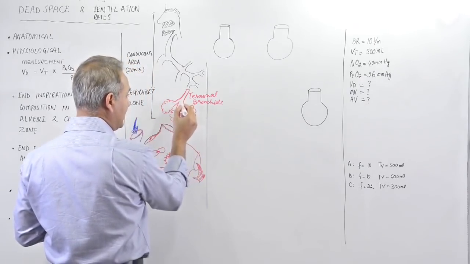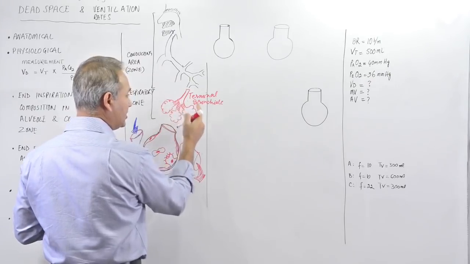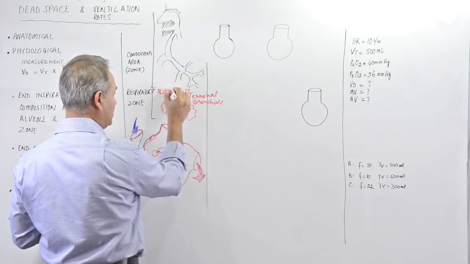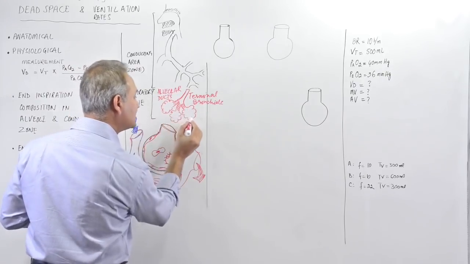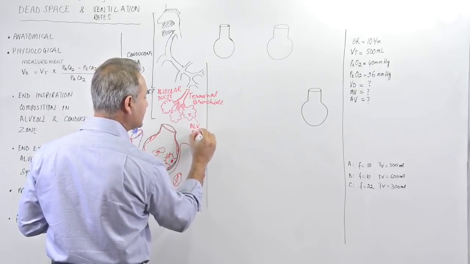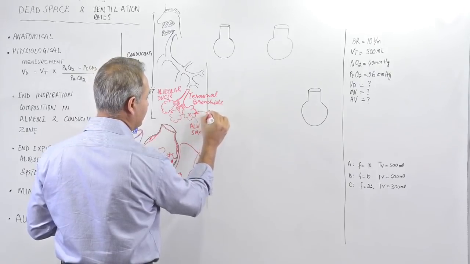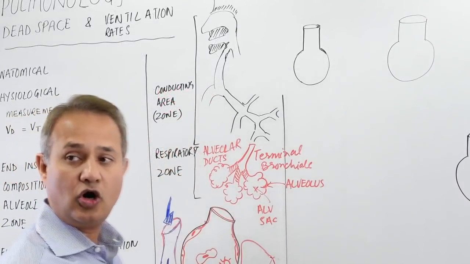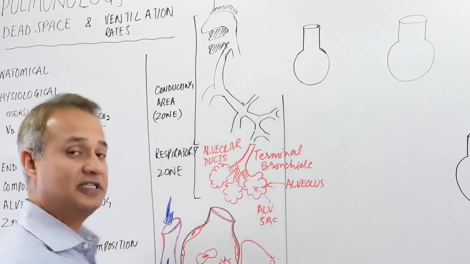Then alveolar ducts, alveolar sacs, and then individual alveoli. This all is called the respiratory zone. Why is it called the respiratory zone? Because gaseous exchange can happen here.